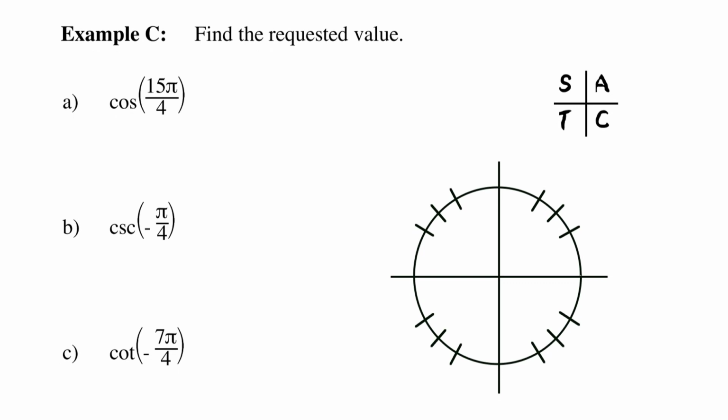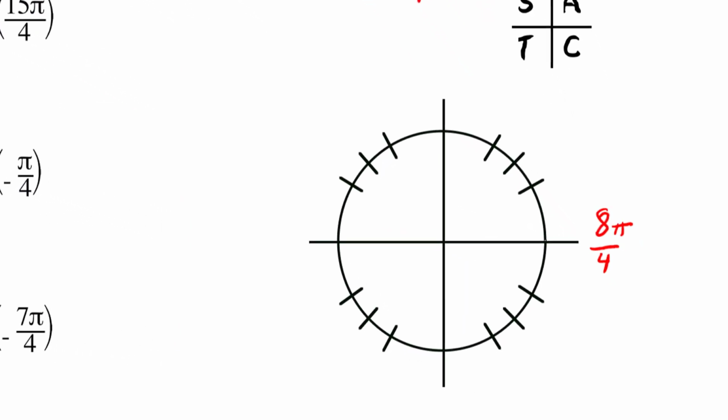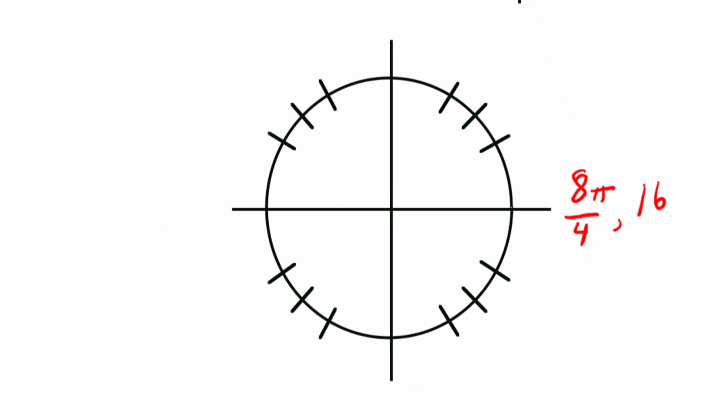Okay, all of these arguments have a denominator of 4, so theta hat is pi over 4, or 45 degrees. Let's locate 15 pi over 4, negative pi over 4, and negative 7 pi over 4 here in the unit circle. Well, notice that 8 pi over 4 is the 2 pi, and if we go a full circle around again, it's the 16 pi over 4, and yet we're trying to find 15 pi over 4.